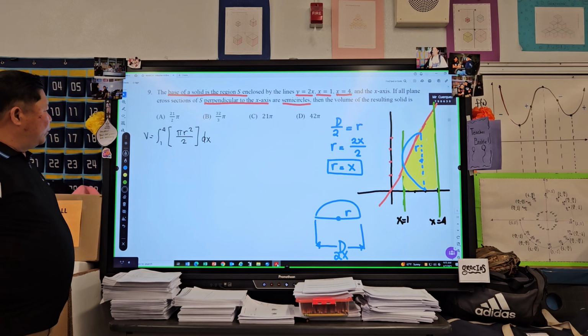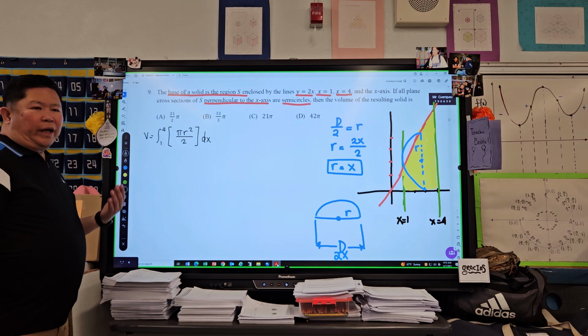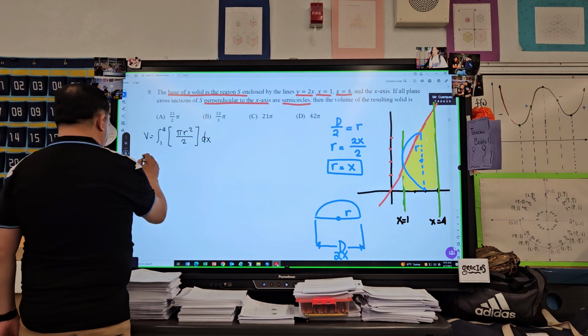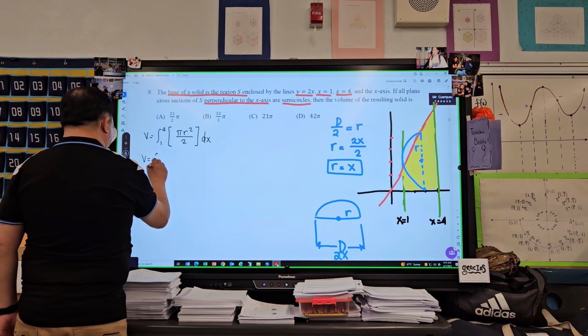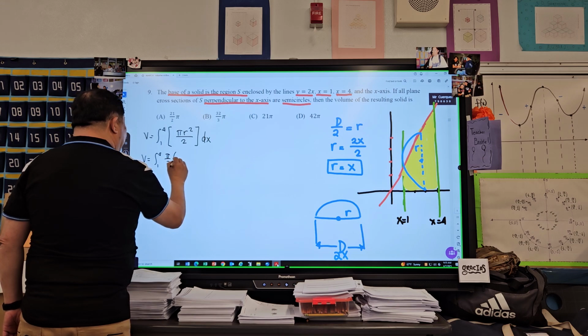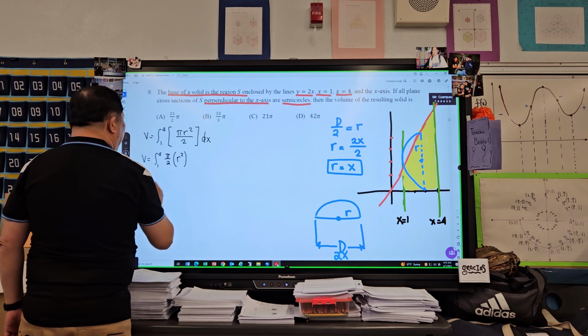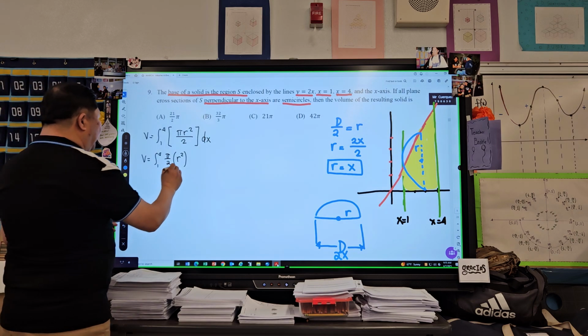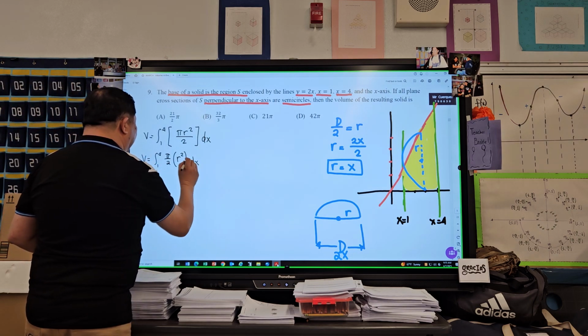Then, can we factor out pi over 2? So, I'll write volume is equal to the integral from 1 to 4, and you have pi over 2, and then r squared dx. We can rewrite it this way, right? Okay, I'll do it step by step, guys.